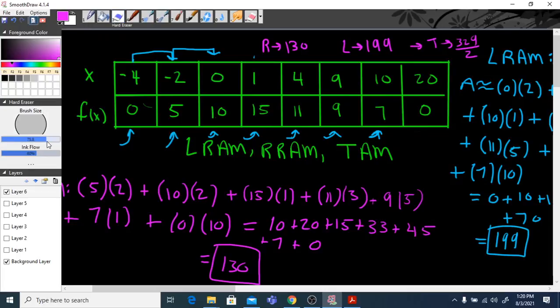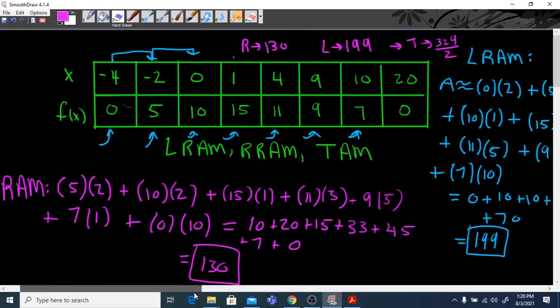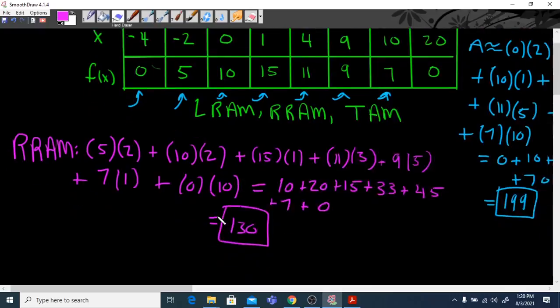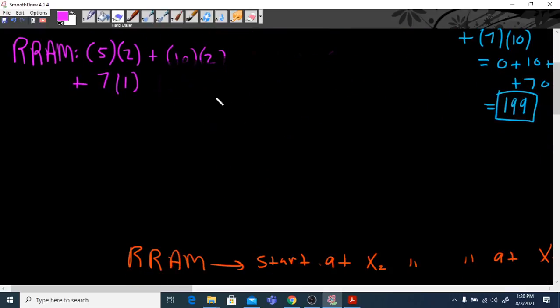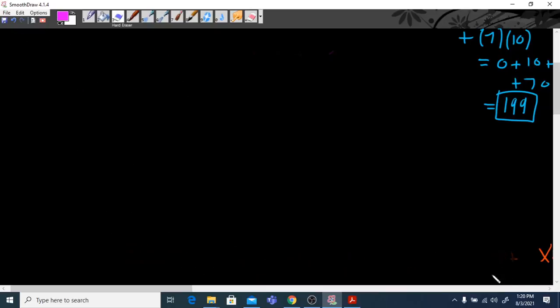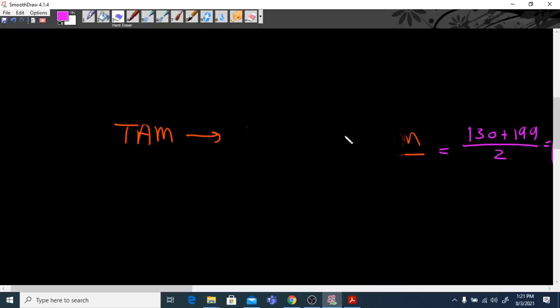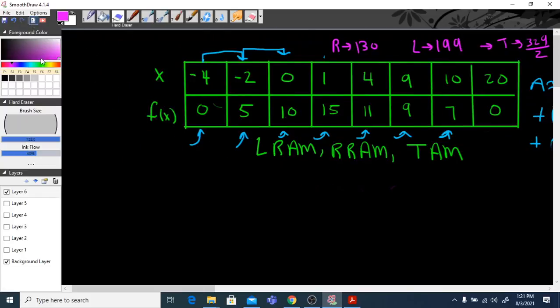And now I need space, so I'm going to erase. Okay, there we go, that's erased. So now let us plug in our stuff.